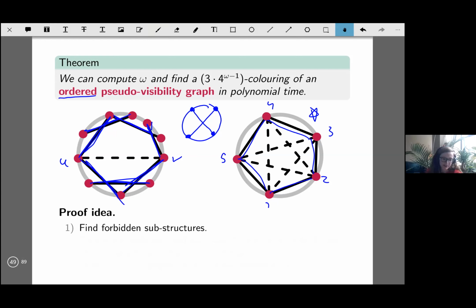And by forbidden, I mean that you can't delete vertices in order to get either of these structures. Right, so the one at the right is totally induced, and it's okay if these things are edges in the one on the left. Okay.